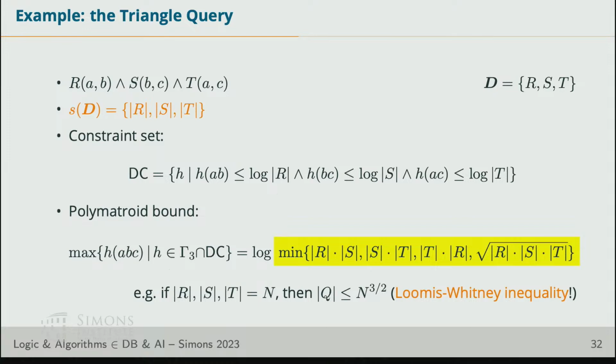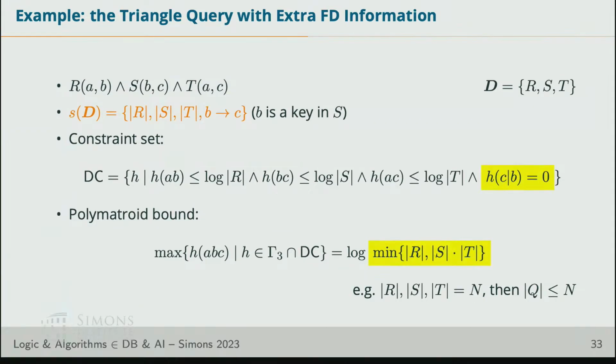Okay, so this is kind of a trivial example, but there are other examples that are not that trivial. Suppose you also have a triangle query, but in a database, typically you will know that some variables are key variables, like a primary key in a relation. So for example, if you knew that B implies C, so B is a key, that means there's a functional dependency from B to C. Now, in this case, the extra constraint that we have is that the conditional entropy of C given B is 0.